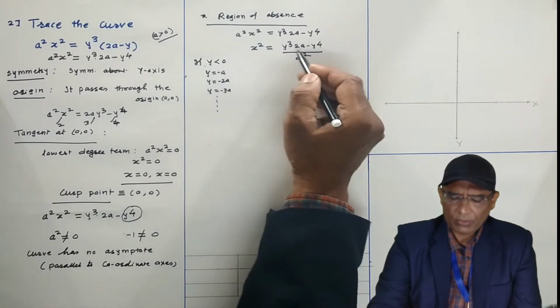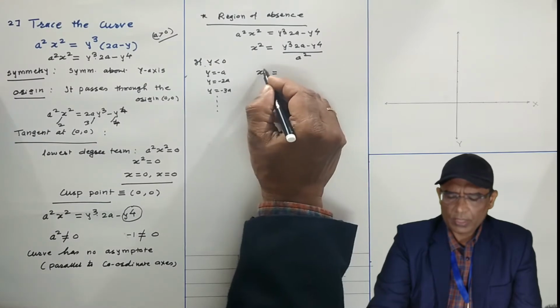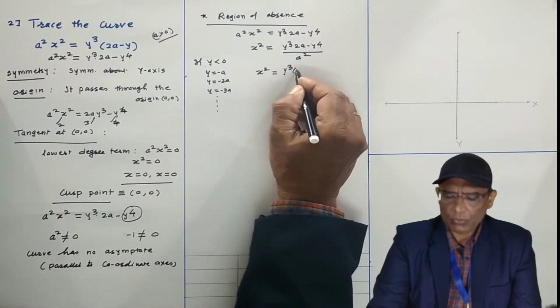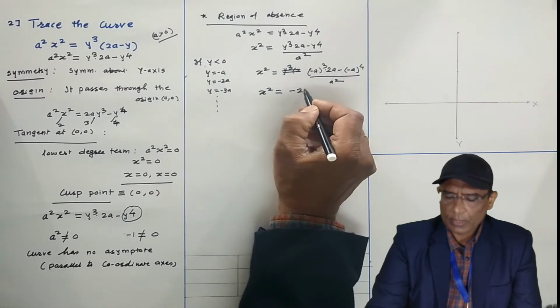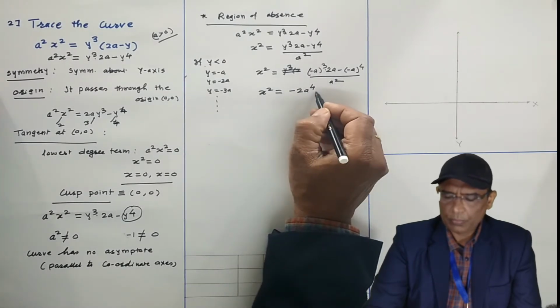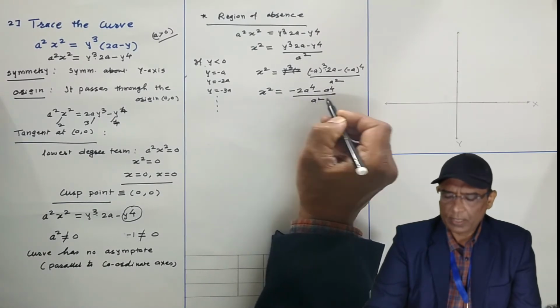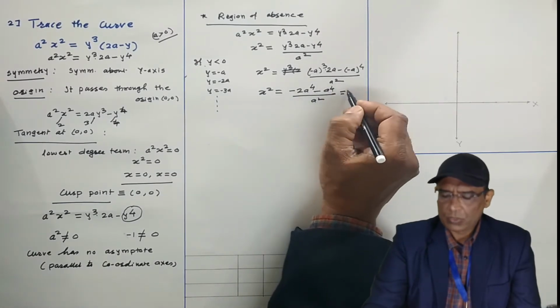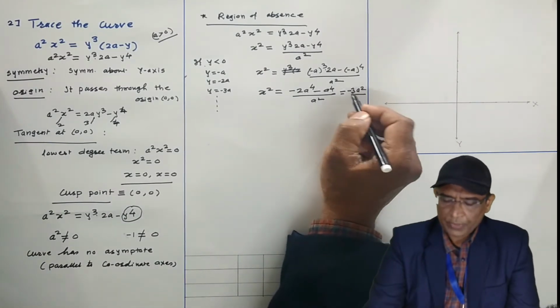You can put any value. If I substitute y = −a, what will happen? We get minus of (2a) to the power 4 plus (−a) to the power 4 by a², and this is −3a², because a⁴ by a².